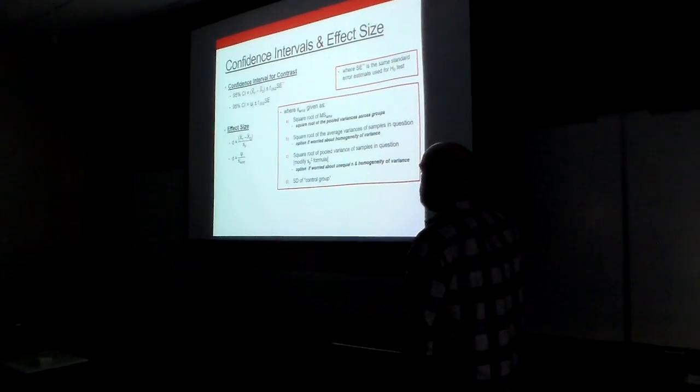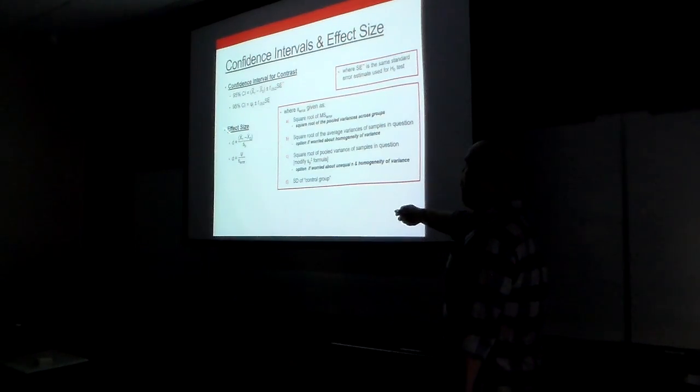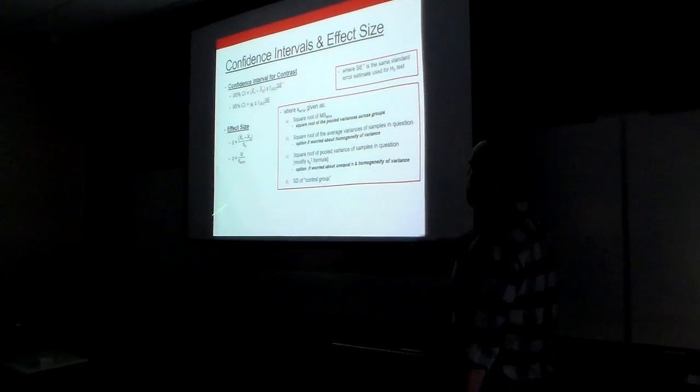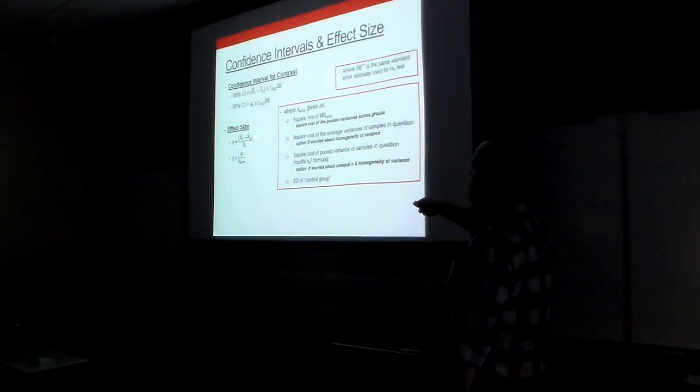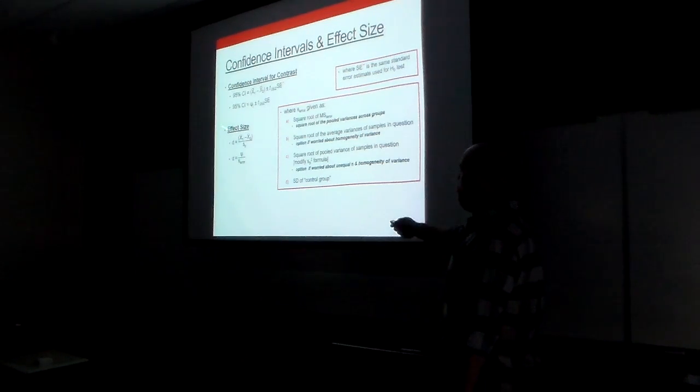Our effect size, some differences that we can have here, okay? For our D, for our pairwise test, we can take D as x1 minus x2 over our pooled variance estimate, just like we would before.